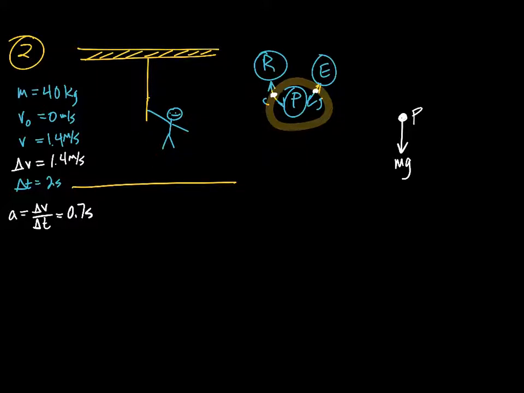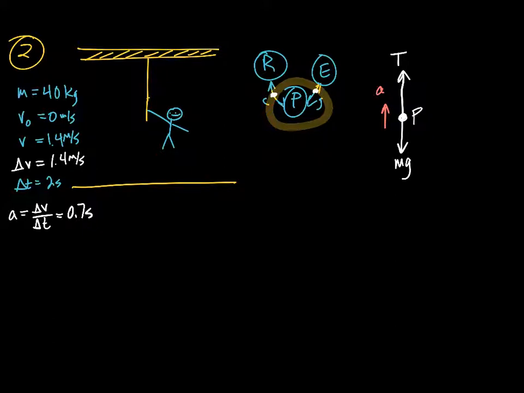And then there's rope force, or what I would call tension. We like to use capital T for that. That's pretty conventional. And we are told that this person changes their speed in the positive direction. That would mean a positive acceleration, or moving upward acceleration.